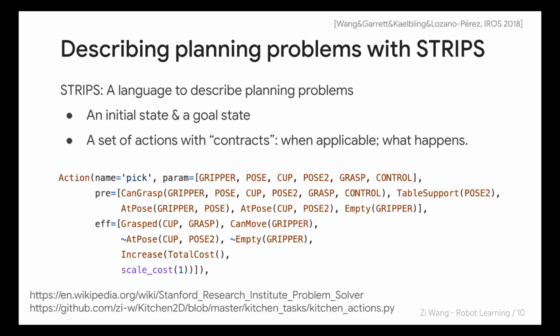And we're specifically saying, okay, it's a pick for cup. So there's an object called cup, and pose 2 describes the pose of the cup.